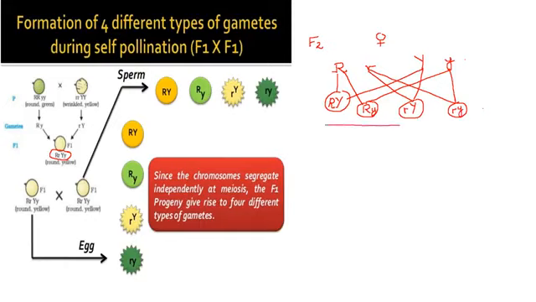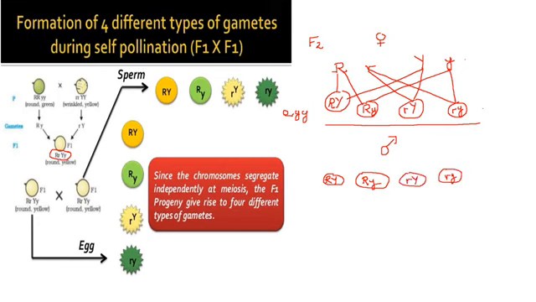So we have the gametes which are eggs, because these are produced by the female. We have taken female. Because we are doing self-fertilization, the male also has the same type of genotype. So in the male also, I'll be getting sperm which have the same type of genes present in the gametes: RY, capital R small y, small r capital Y, and small r small y.